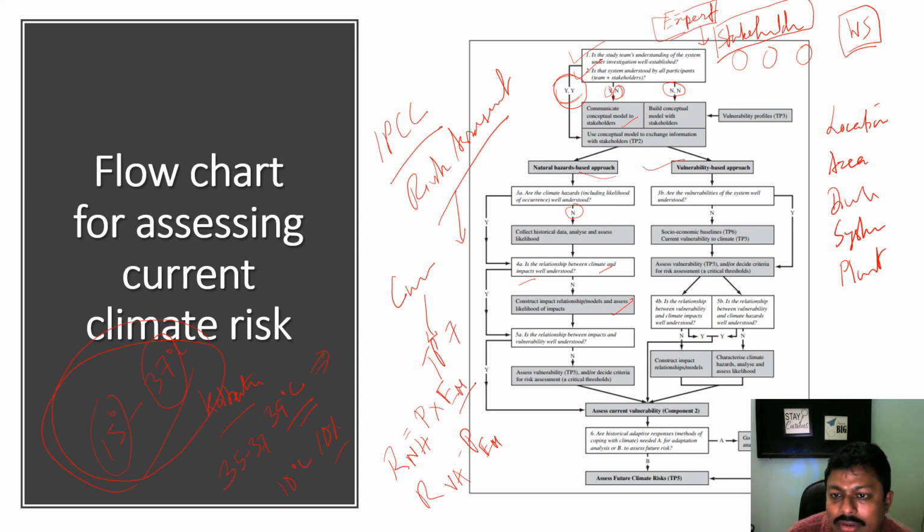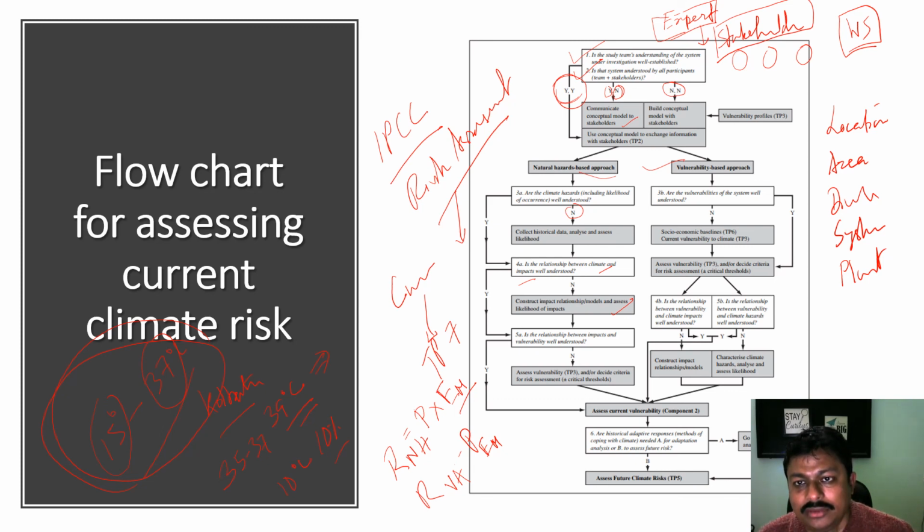So that is the overall process of assessing climate risk. Remember that first you have to know whether your experts and your stakeholders understood the system. If both understood the system, apply the conceptual model. The conceptual model is risk analysis based on natural hazard or risk analysis based on the vulnerability based approach.